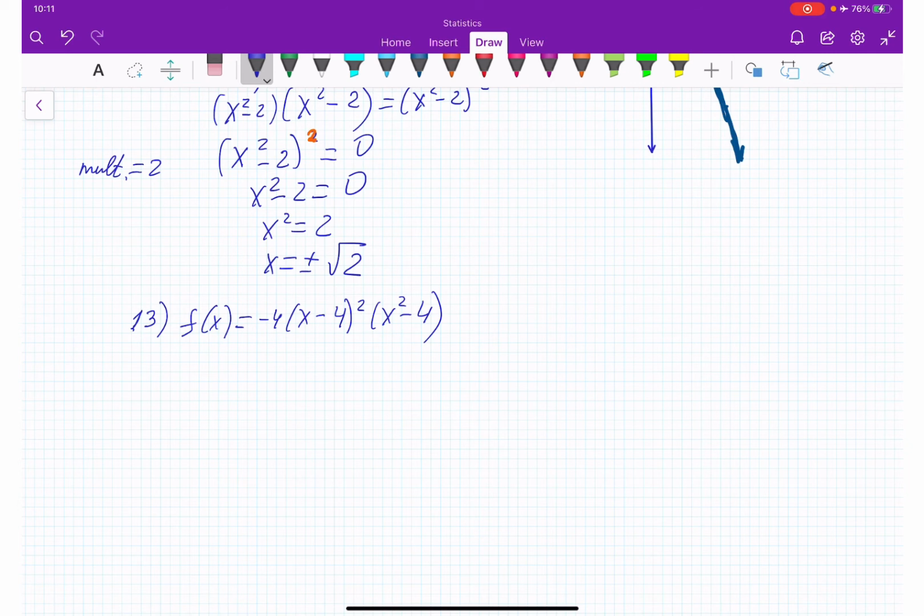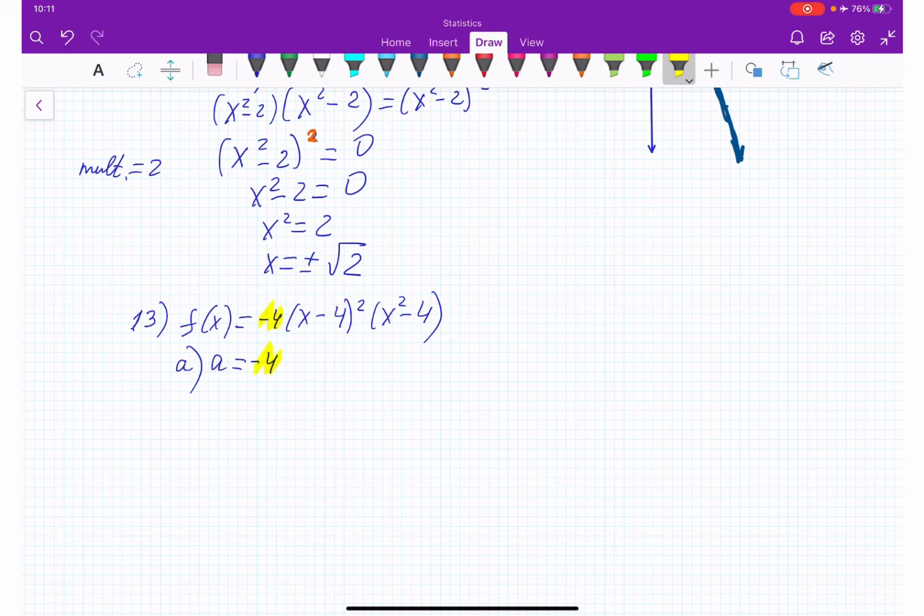All right, so how we are going to find here the highest degree of polynomial and leading coefficient of a. So leading coefficient of a is -4, because this is our leading coefficient.